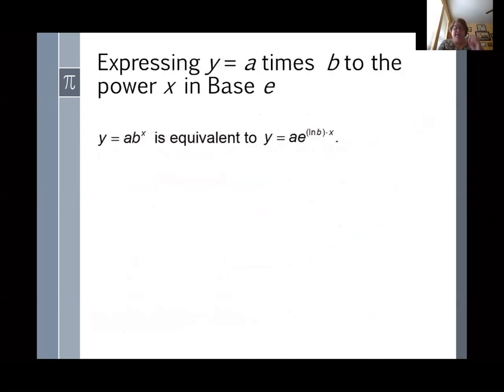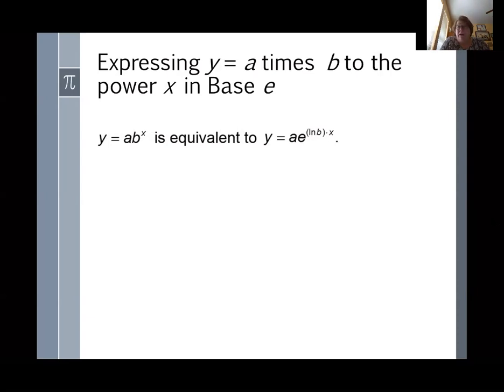All right, our last topic, expressing y equals a times b to a power x in base e. If I have an exponential function, y equals a times b to the x, I can rewrite that in terms of base e, and that might not be a bad thing to do sometimes.